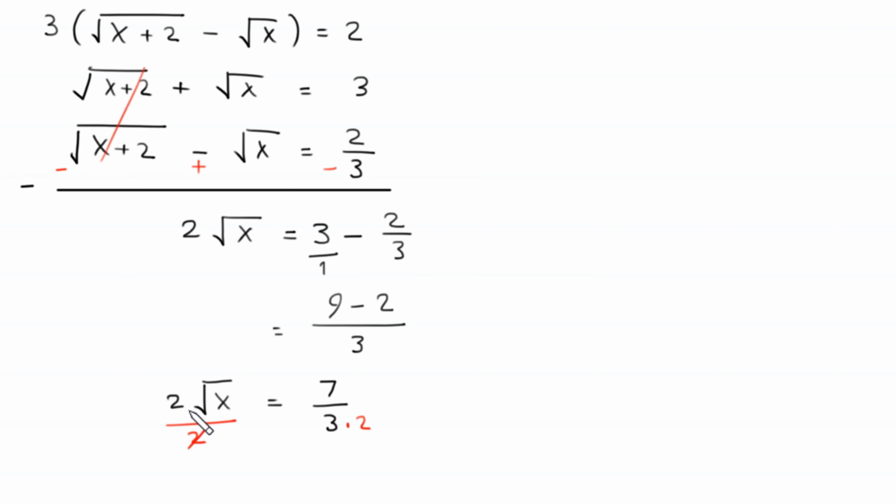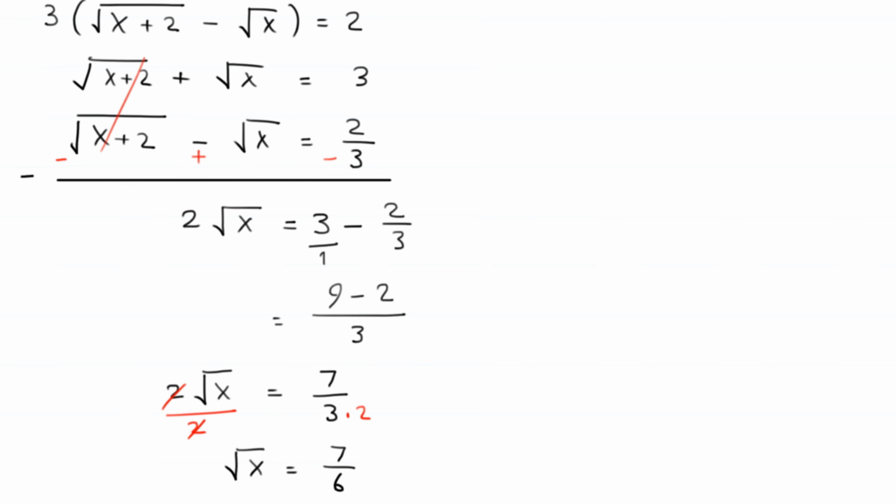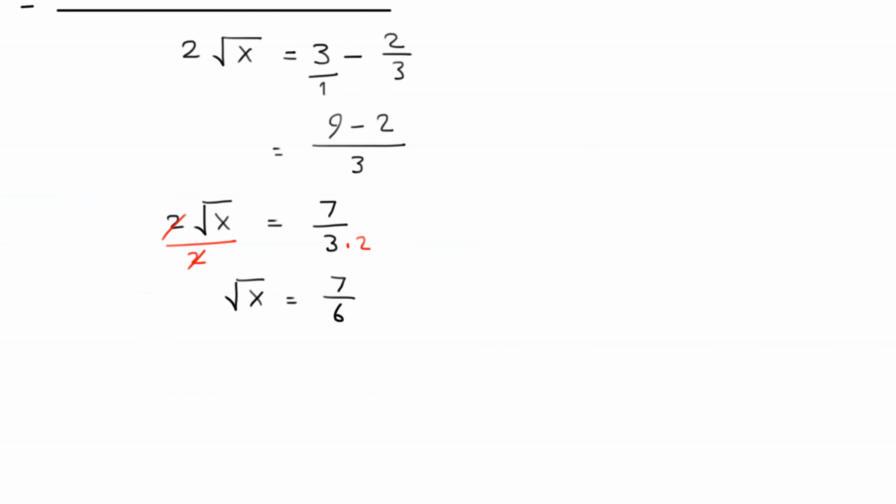So this 2 will be cancelled out, and we are left with root x is equal to 7 over 6. If we square both sides, this implies that x is equal to 49 over 36. So from the first case we get the value of x 49 over 36.